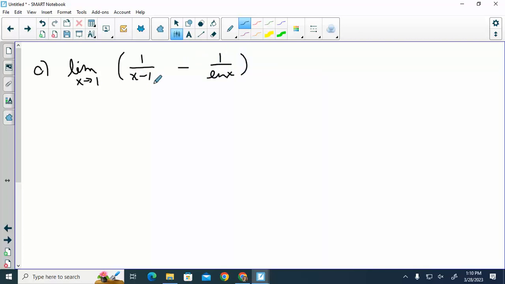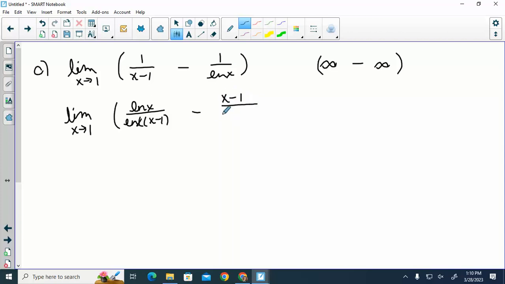Okay, if I plug in 1, that's 1 over 0, so that's an asymptote, so it's infinity minus natural log of 1, which is 0, so it's infinity over infinity. We have to get this as a single fraction before we can do L'Hopital's. So what do we have to do? The first one needs a natural log of x, and the second one needs x minus 1.